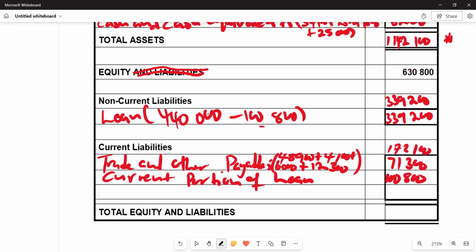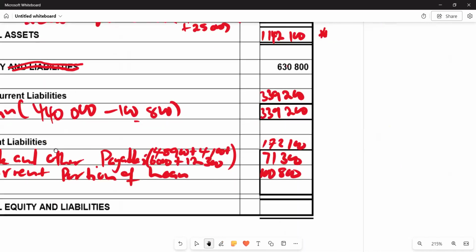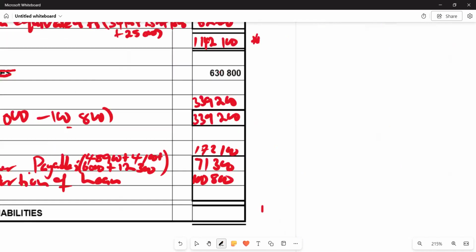Then to get the total for total equity and liabilities, we are going to say the equity total plus the non-current liabilities total plus the current liabilities total. Then we get this total.